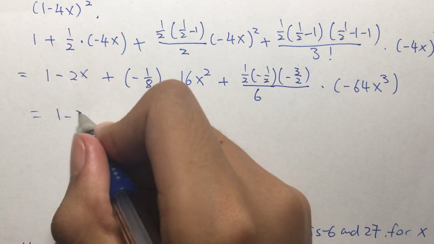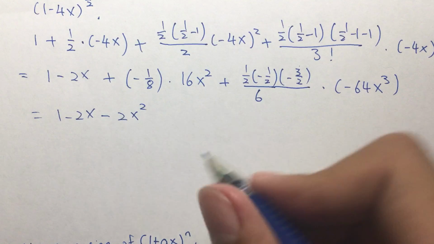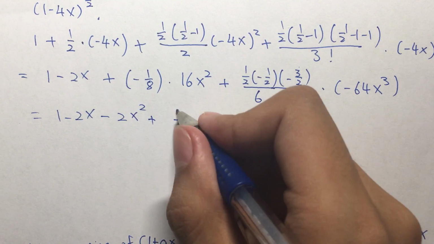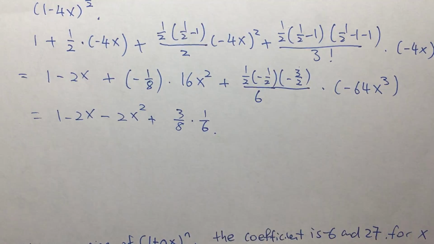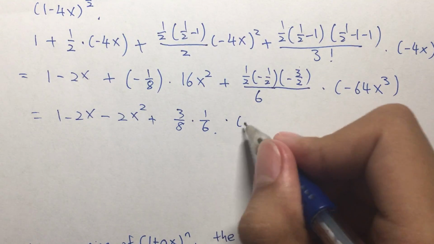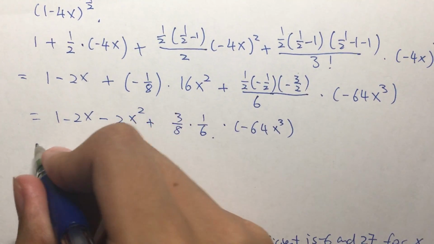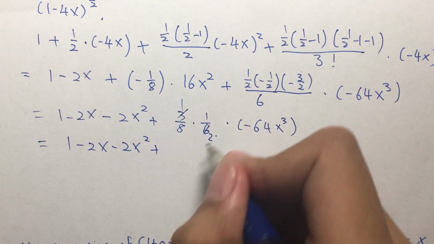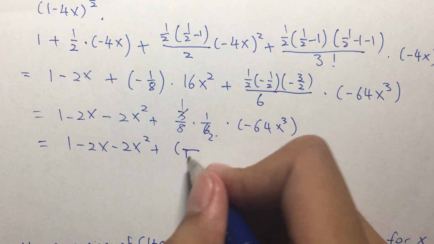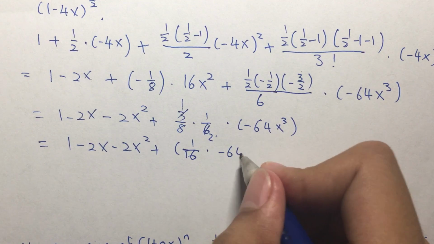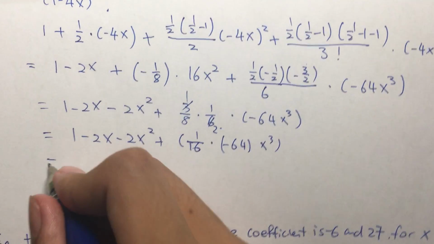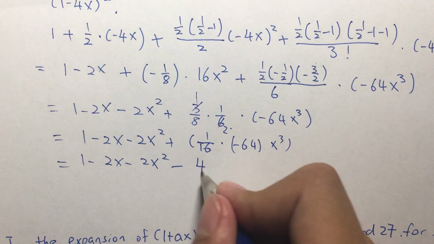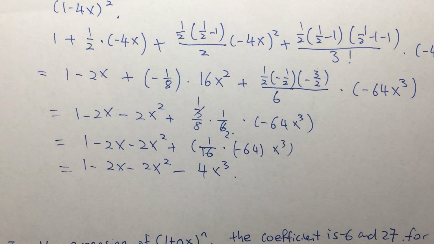And we will have 1 minus 2x minus 2x squared, and here, positive 3 over 8 times 1 over 6 times negative 64x cubed equals 1 minus 2x minus 2x squared plus 1 over 16 times negative 64x cubed, which is equal to 1 minus 2x minus 2x squared minus 4x cubed. And that is our answer.